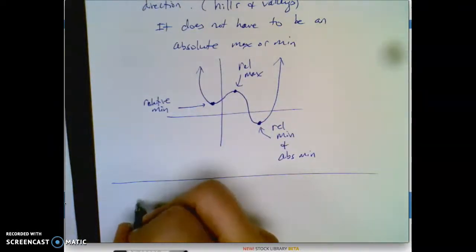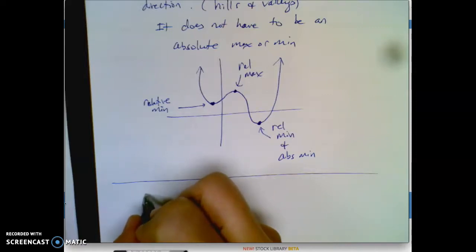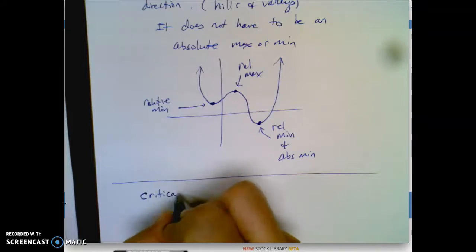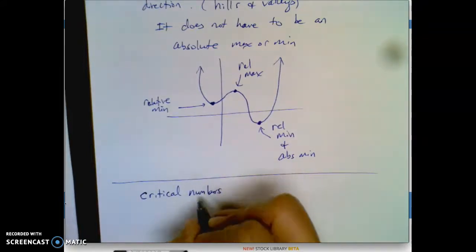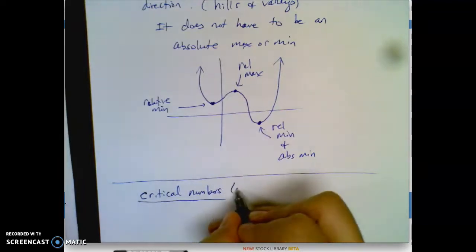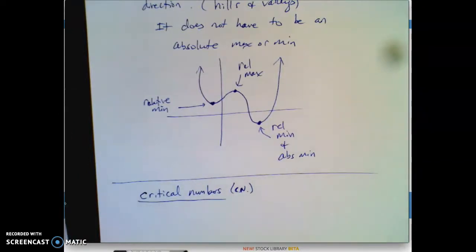We have something else that's important, and it will be important this whole unit. So get this in your head. Critical numbers. We're always going to be talking about critical numbers. Sometimes we shorten it to CN because we get tired of writing critical numbers. We do it so often.